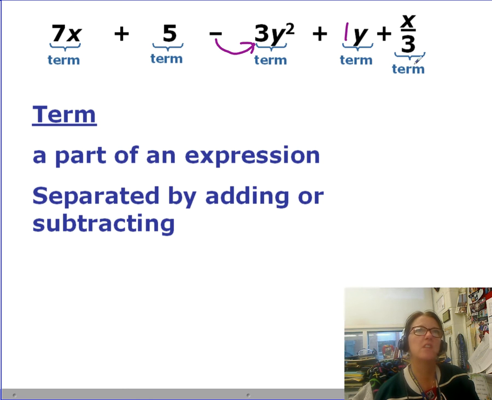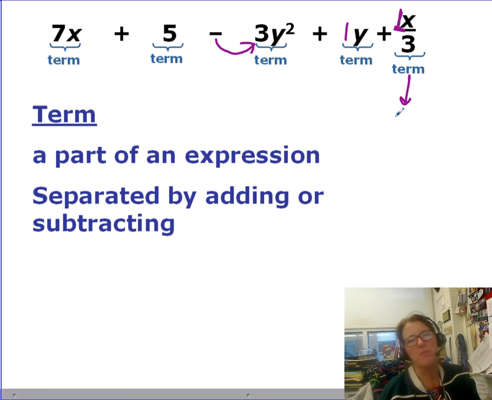Holy Hannah, look at this thing. What would we call the coefficient of this thing? Well, I look at x over 3 and I say, well, first of all, there's really a 1 in the numerator there with the variable x, but then I'm also dividing by 3. Let me show you something here.